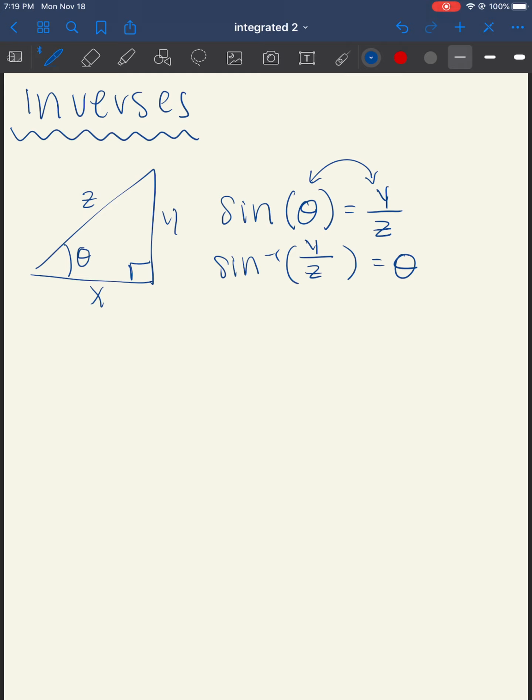So let's say you have a problem. This might make more sense in the context of a problem. Let's say you have to solve for theta. So you have to solve for this angle, and you're given that this is 10 and this is 5.